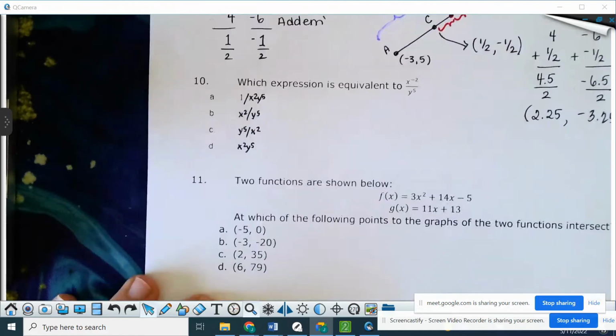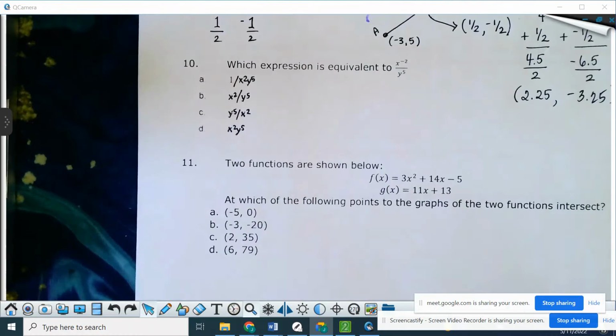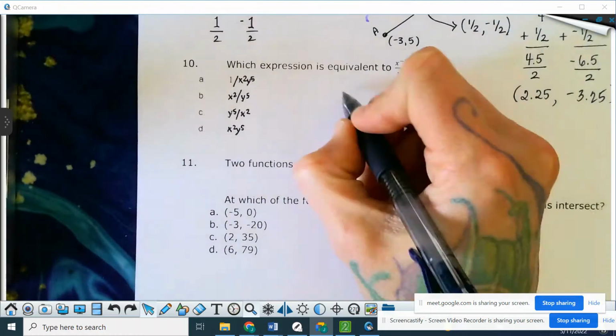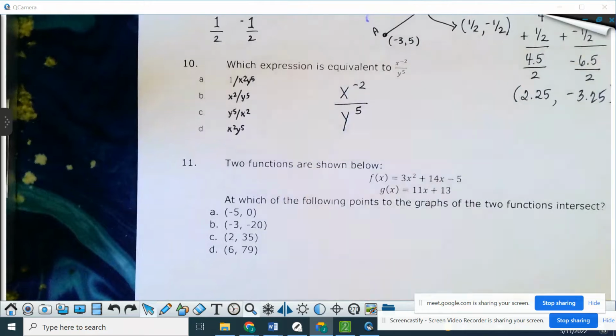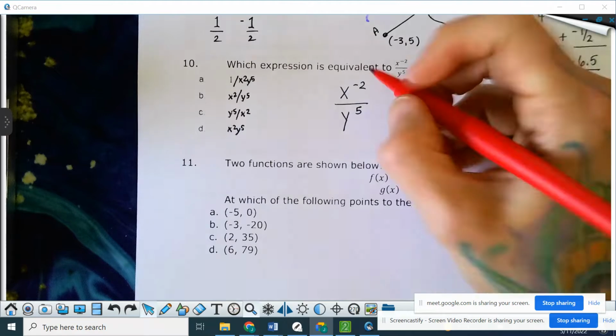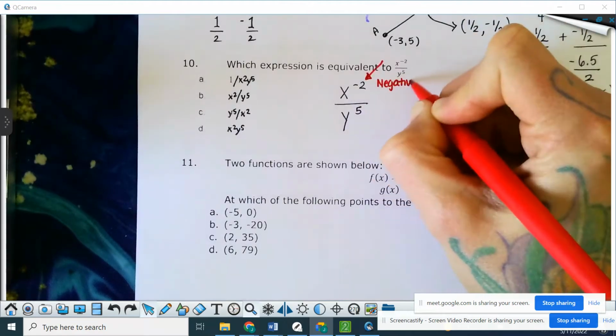All right, number 10. So exponential laws. Which expression is equivalent to x to the negative 2 over y to the 5th power? Not a lot has to change in this guy. Your big red flag should be that negative exponent, because we can't have negative exponents. We can't leave them alone.